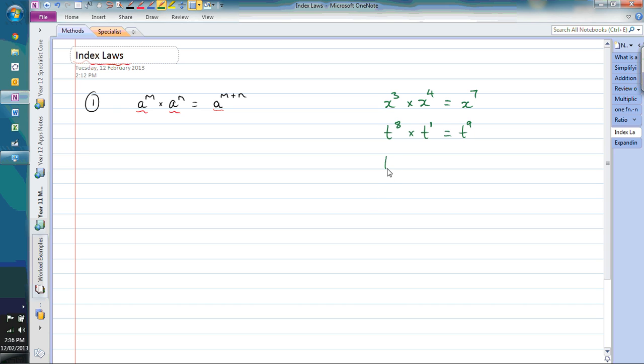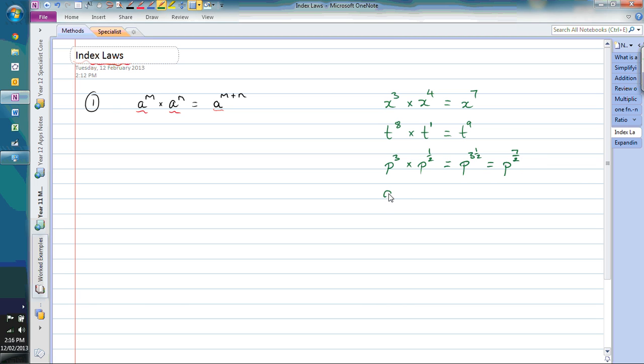You can even do it with fractional powers. Let's use p to the power of 3 times p to the power of a half. This would be p to the power of 3.5. We don't like having mixed numerals like this, so we'd normally change it into 7 on 2.